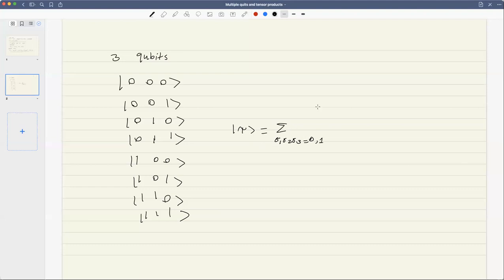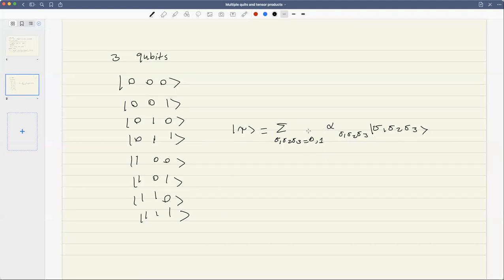That gives 2 to the 3, which is 8 different possibilities. And then I have a coefficient, let's call it alpha sigma 1, sigma 2, sigma 3, which multiplies the state sigma 1 sigma 2 sigma 3. So that's going to be 8 different terms with 8 different coefficients.